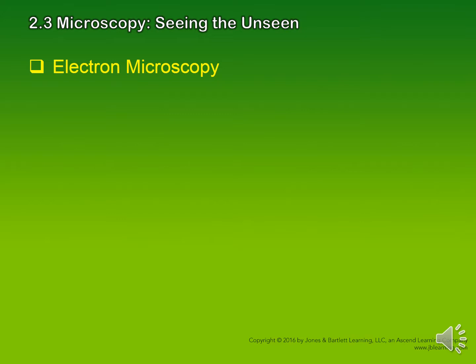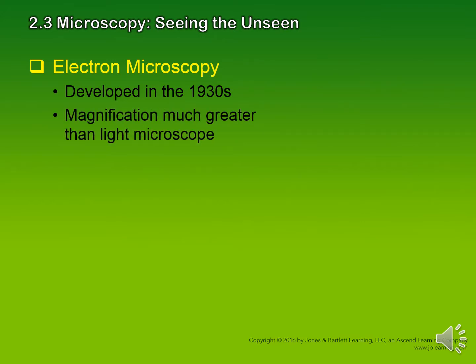Okay. Now in electron microscopy, again, very late to be discovered, the big advantage here is that you don't have to look at the object. You're actually bouncing electrons off of the object to be able to see it.